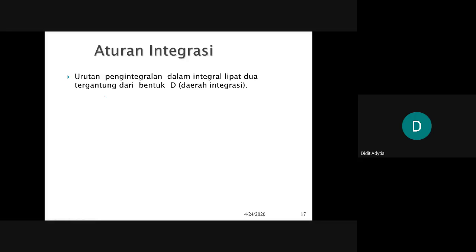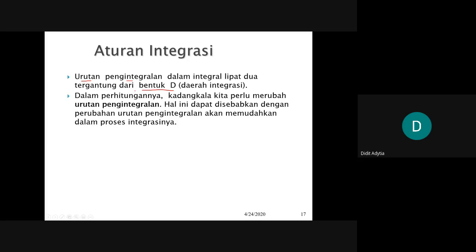So the order of the integration in the double integral really depends on the shape of D, the integration area. So in the calculations, sometimes we need to change the order of the integrations.